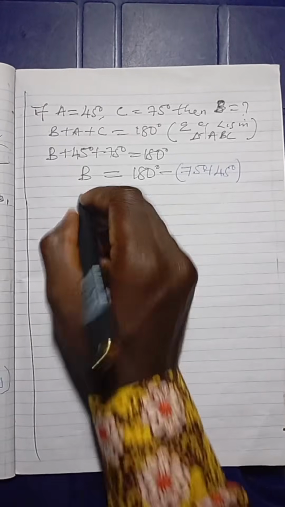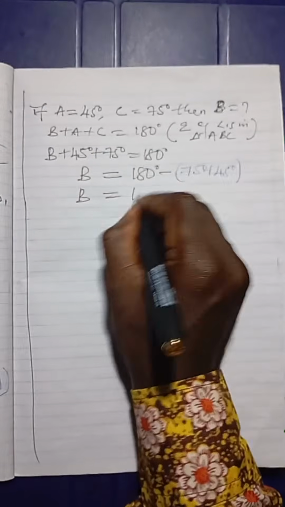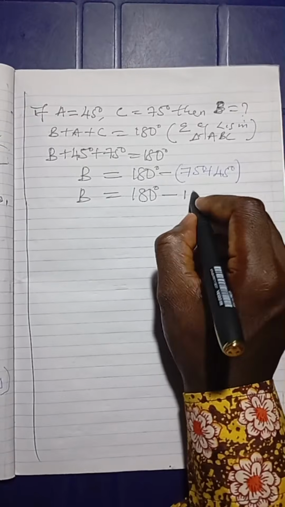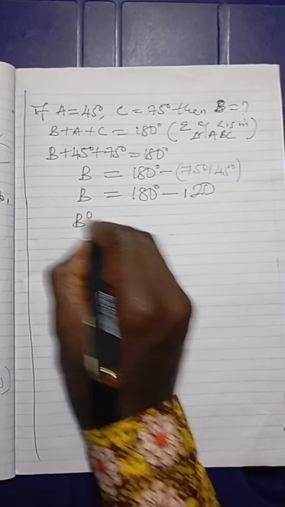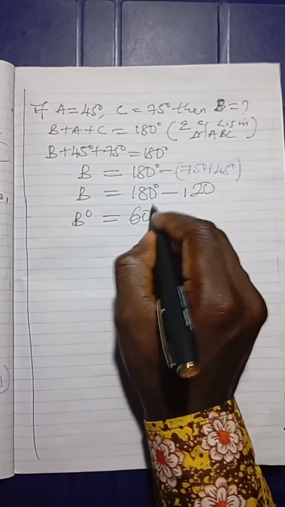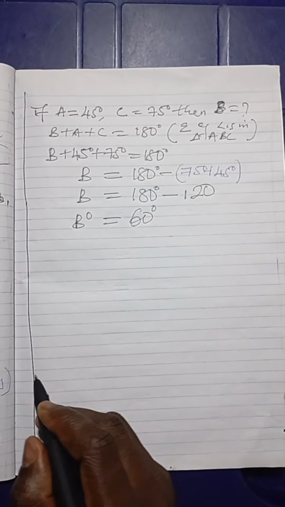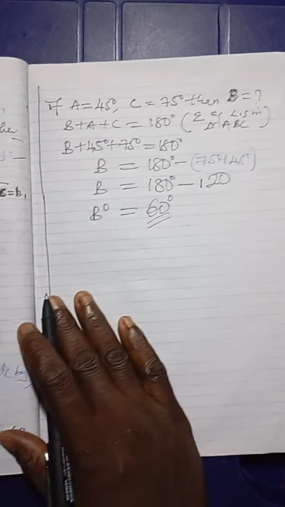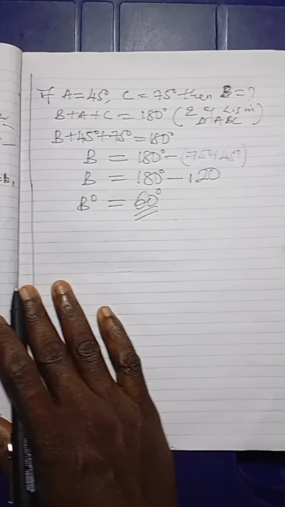So that B is 180 degrees minus 120, okay? So that B is equal to 180 degrees minus 120, you have 60 degrees.